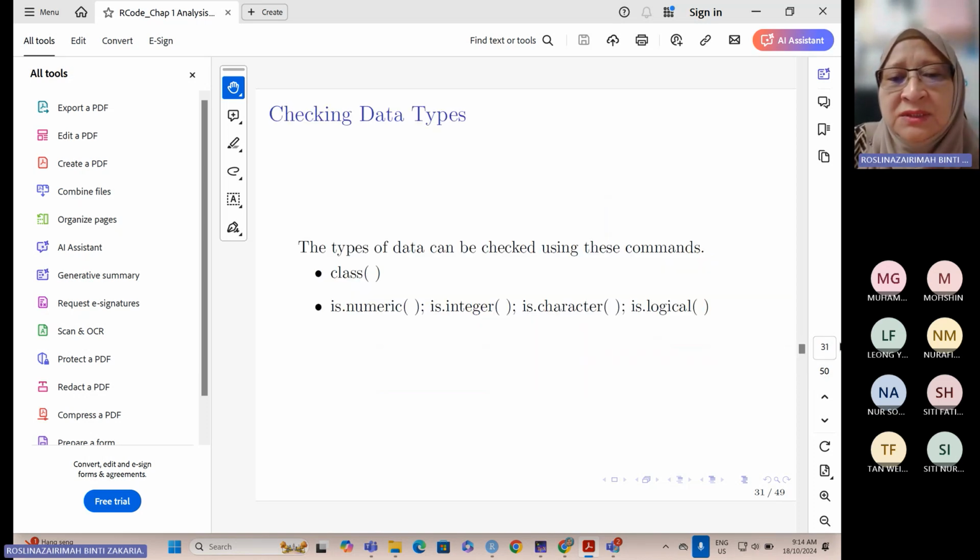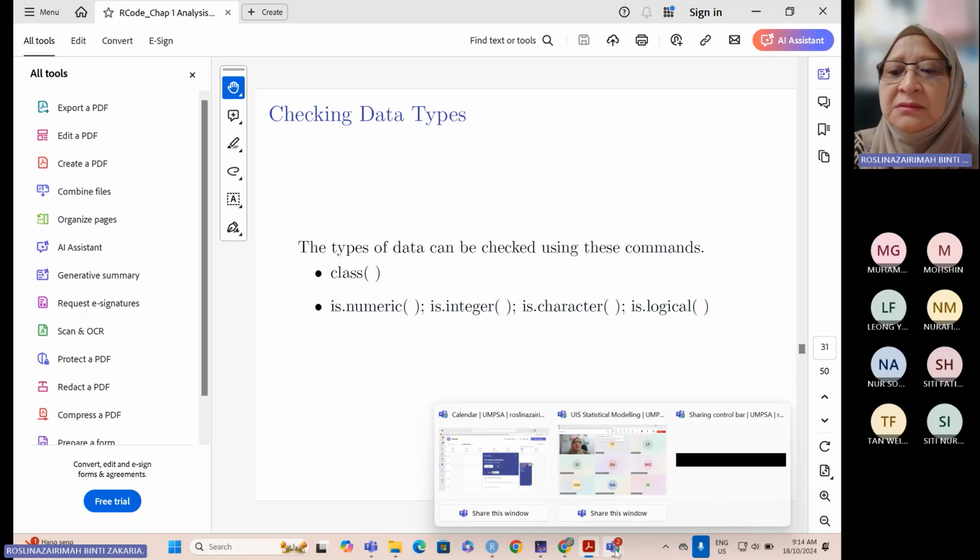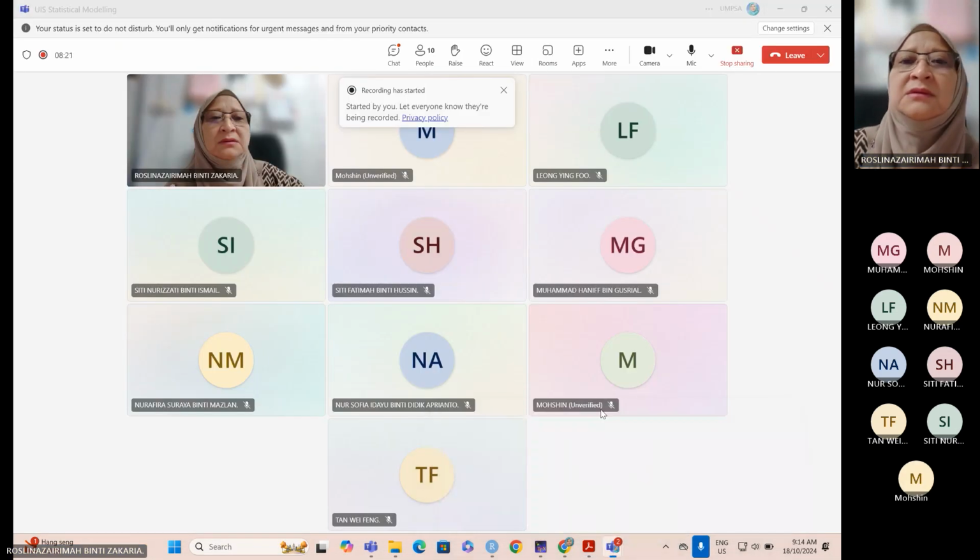Then we can use the function class to know what type of data you are dealing with. Sometimes when we do analysis, it is important to know the data type.